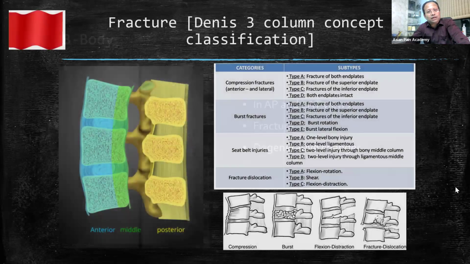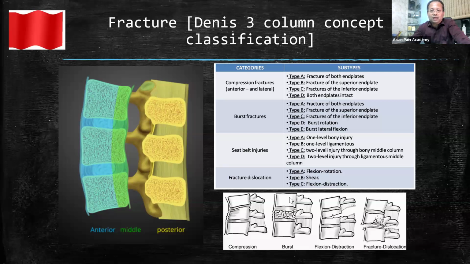There are multiple types of fracture. As we talk about fracture, it is one of the red flags. Why we are talking about that is because only one type of fracture is there which we pain physicians treat. Here there is compression fracture, burst fracture, flexion distraction, fracture dislocation. All these three types of fractures we will not treat.